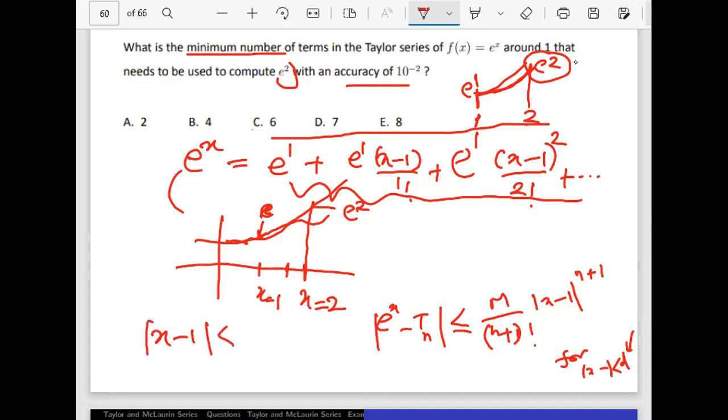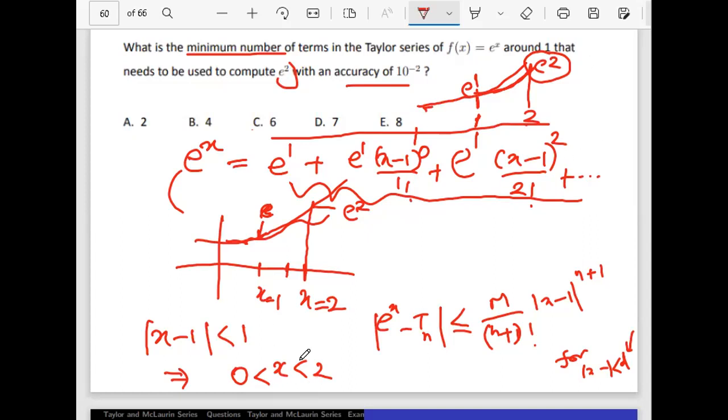If you consider this interval, d is 1, that means you are considering x from 0 to 2, right?